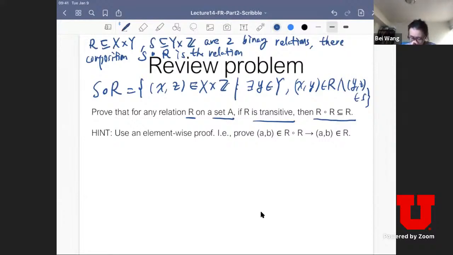So if we want to do this, the hint is to use an element-wise proof. That is, prove if AB is on the left-hand side, it's also an element in the right-hand side. Okay, so sketch.